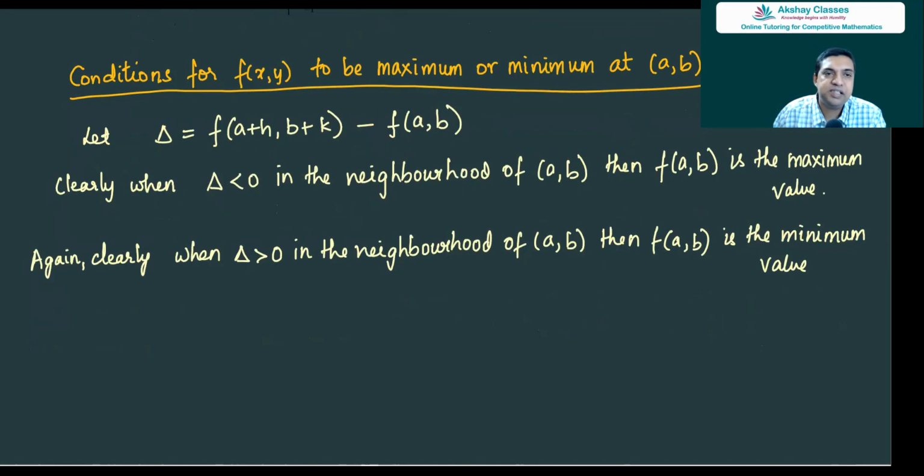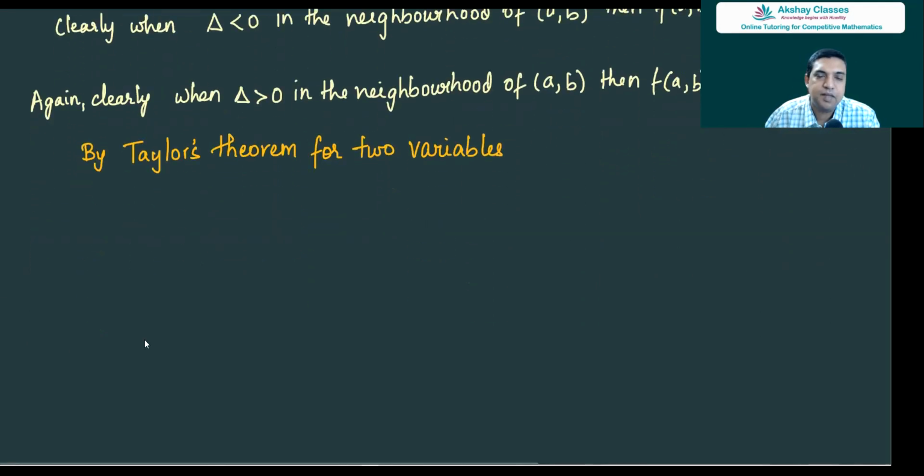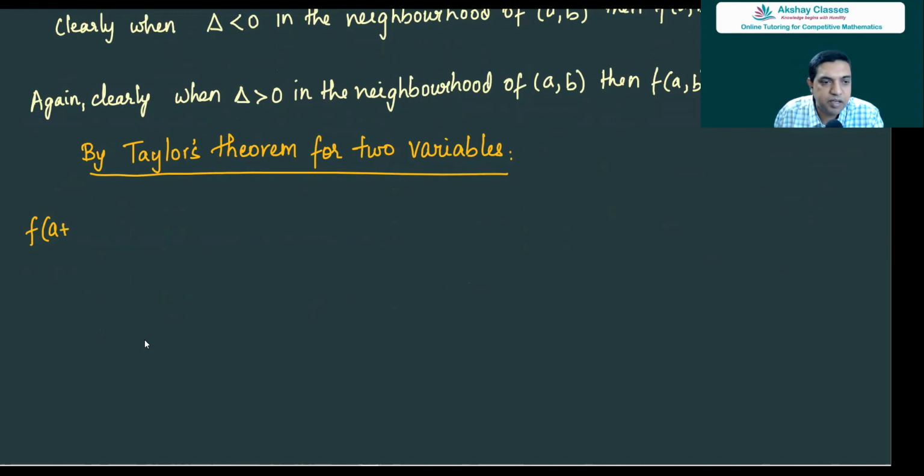Now, how to find this difference? We use Taylor's theorem for two variables. We know the Taylor series expansion for f of a plus h; now it is a plus h and b plus k.